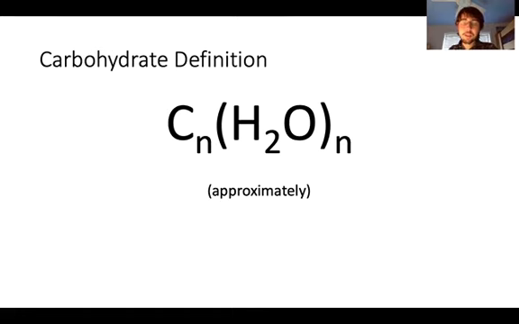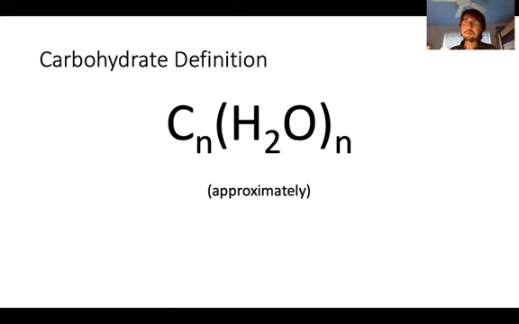So the definition of a carbohydrate is a molecule that has the formula CnH2nOn, approximately. Some molecules like glucose, which is C6H12O6, fit this perfectly. Other molecules that are generally considered carbohydrates do not, such as sucrose, which is C12H22O11.